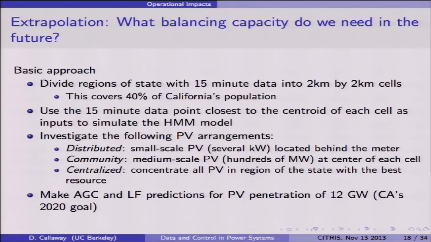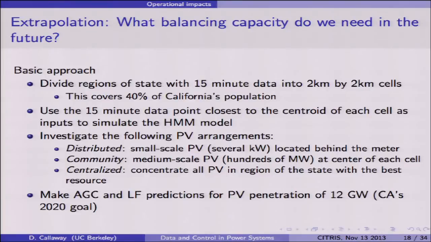So this is basically the Mojave Desert scenario, right? What if we put all the PV in one place for the sake of efficiency? We're going to get much better capacity factors in that centralized scenario. But as you might imagine, because of that spatial autocorrelation, we're going to get higher requirements on balancing capacity.